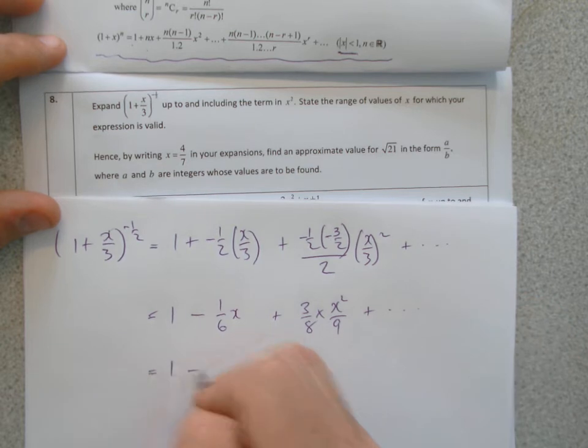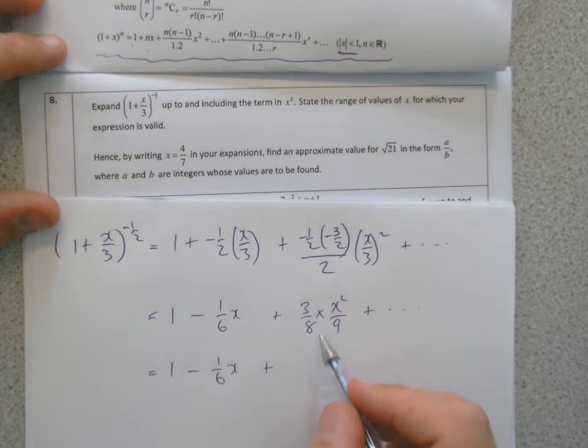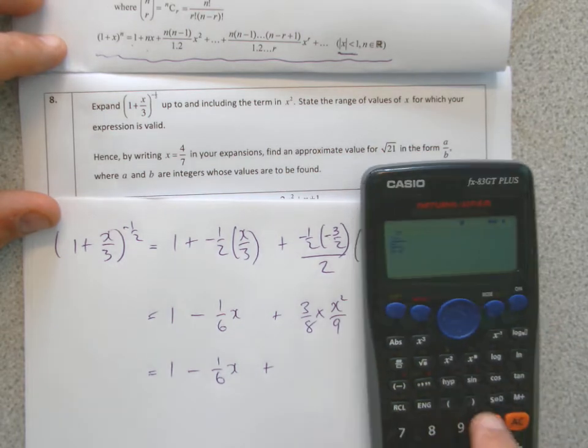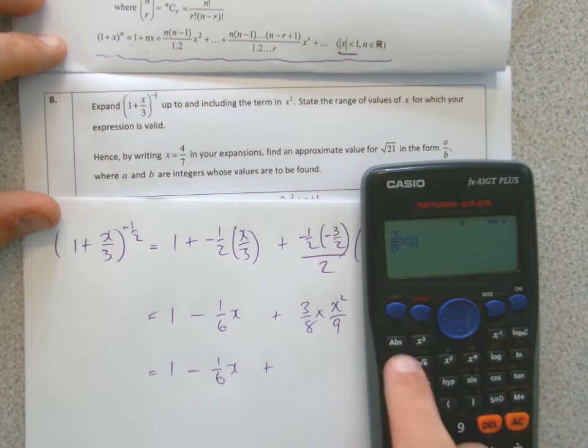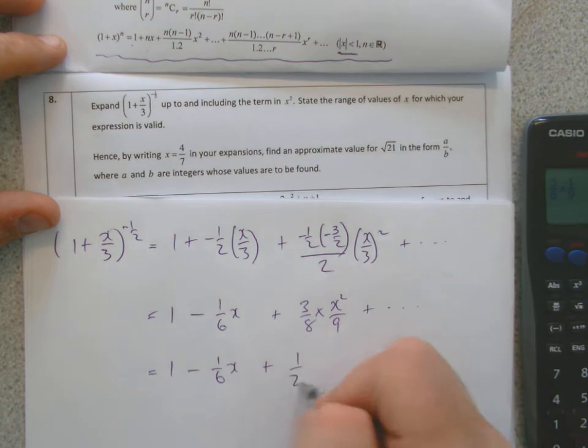That will equal 1 minus 1/6 x, plus then, use your calculator on that fraction, 3/8 times 1/9, and you get 1 over 24, so 1/24 x squared plus dot dot dot.